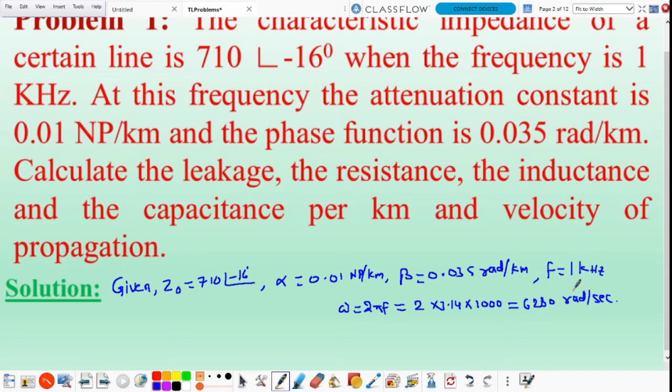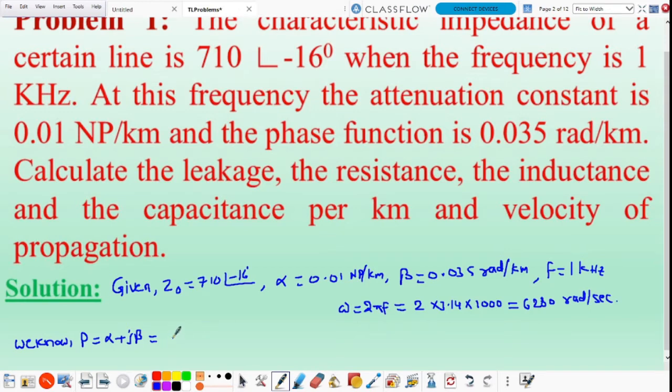So given that the attenuation constant and phase shift constants are there, we know that the propagation constant is a complex quantity, that is P is equal to alpha plus J beta. So first calculate the propagation constant value.